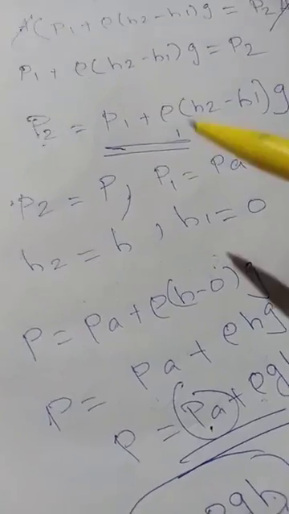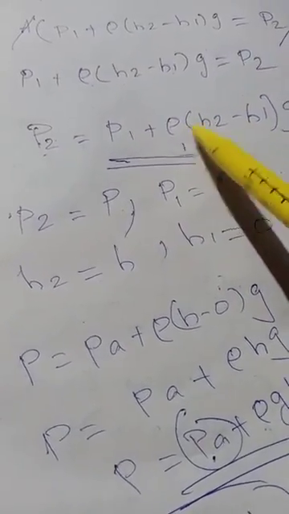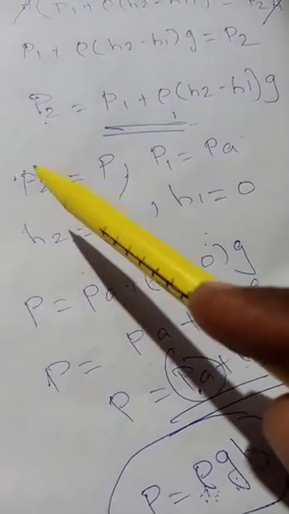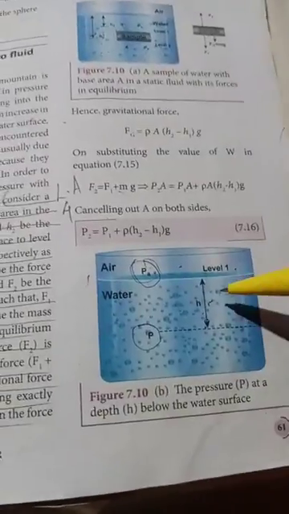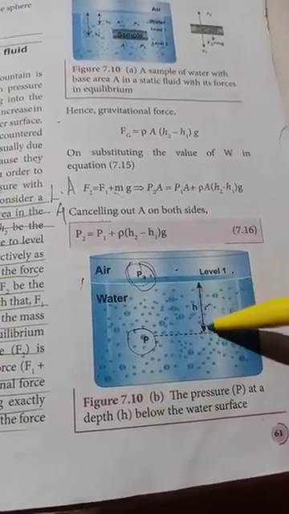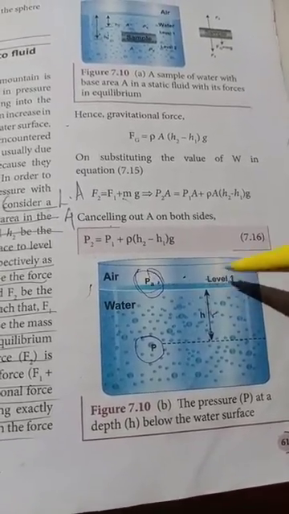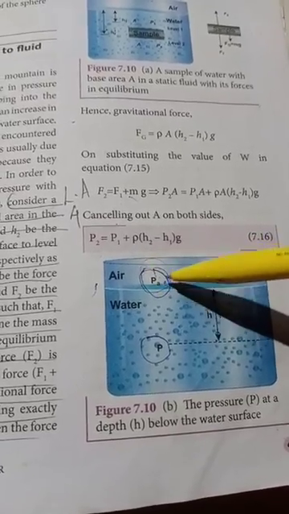So this is the pressure when we keep an object inside the water. Now we can take a special case for P2, where we are changing the level. Here the height H2 we have taken as H, and height H1 is 0.